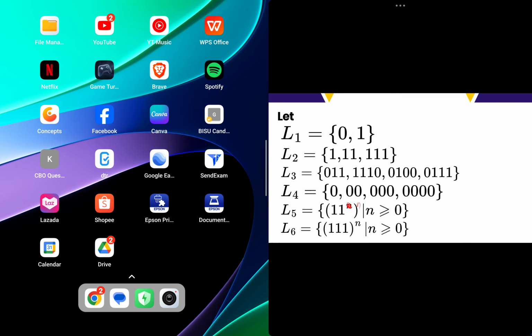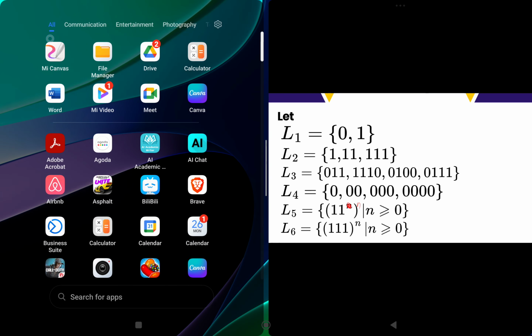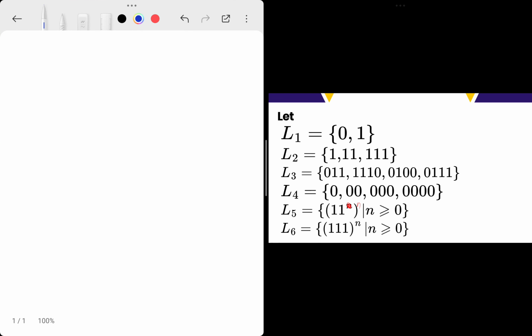Now we will apply the different operations on languages, or operations of sets. First, we have union. If we union L sub 1 with L sub 2, what is the result?